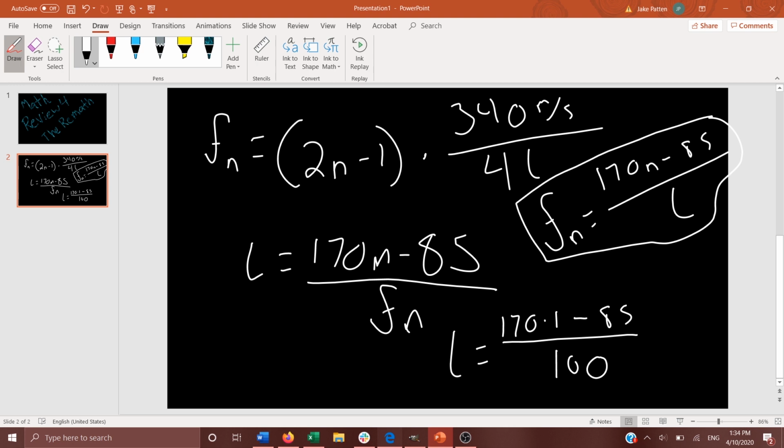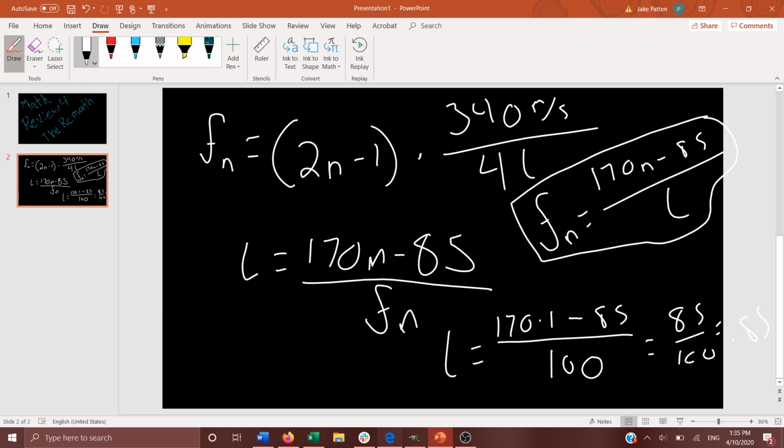So 170 times 1 is 170, and 170 minus 85 is 85. We end up with 85 over 100, and wouldn't you know it, 85 over 100 is 0.85. So 0.85. And that's what we wanted. We wanted the length, and we've got the length.